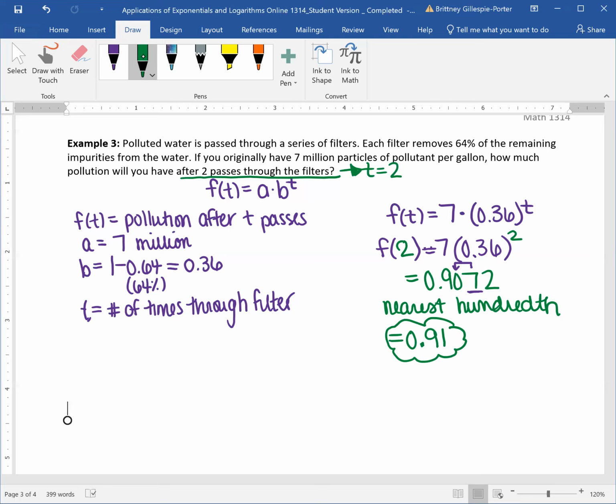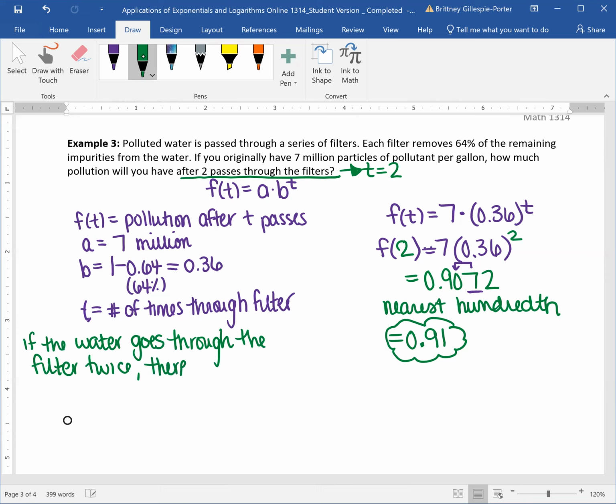So let's talk about explaining what we just found. We just found when t is 2, so if the water goes through the filter twice, which is what they were asking us to find, how much pollution would be left.